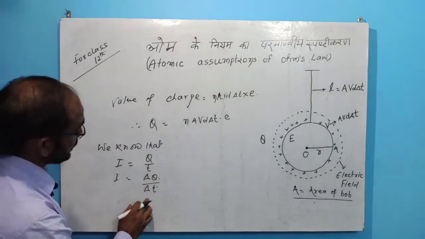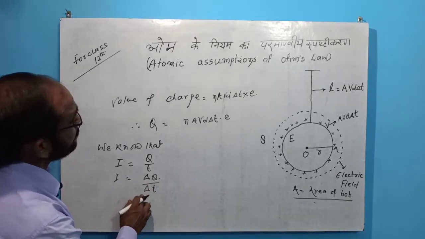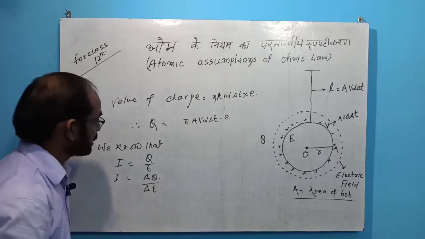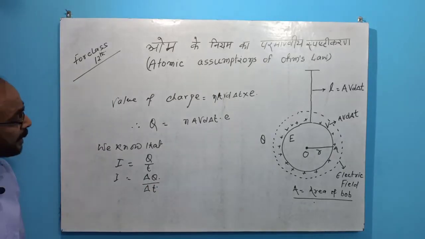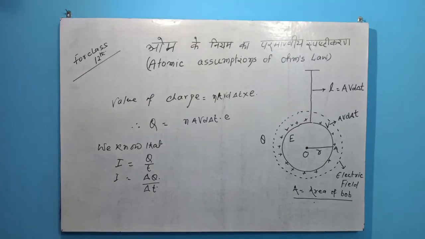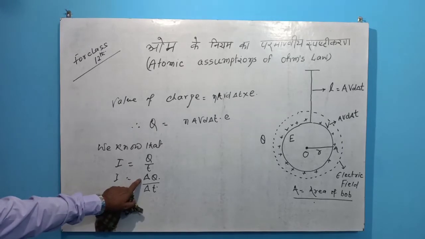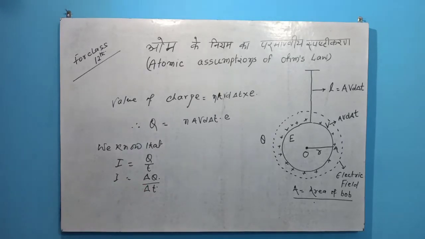Del Q upon T means the current passing in the conductor with respect to given charge within the time period.